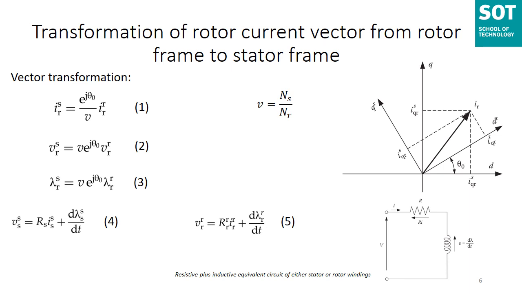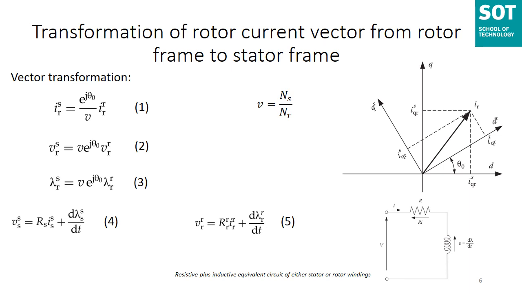R_S and R_R are the actual stator and rotor resistances per phase respectively. That means R_S is the actual stator resistance per phase and capital R_R is nothing but the rotor resistance per phase referred to the rotor fixed frame.